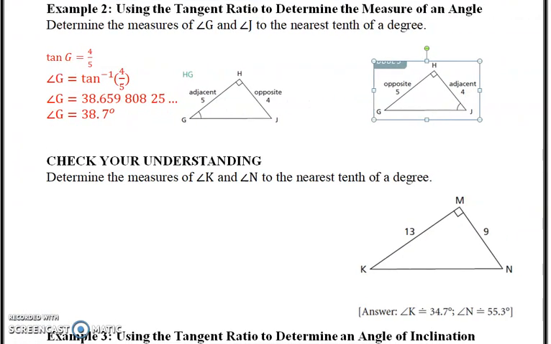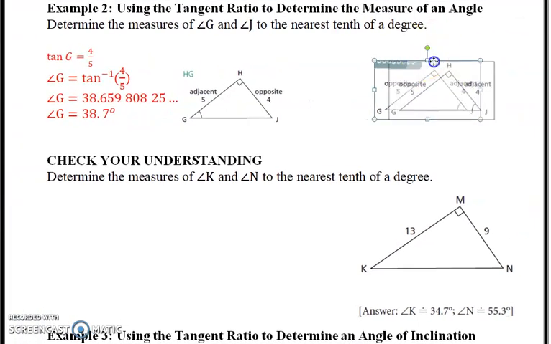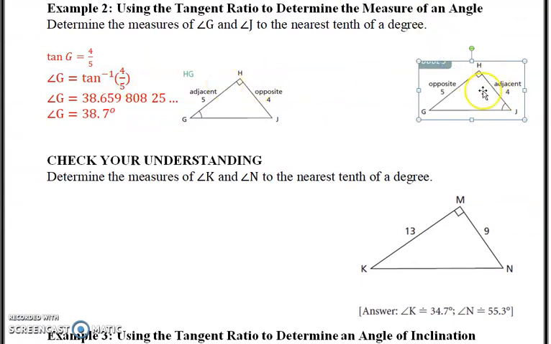There it is. Don't mind the top right corner. So again, you do the same thing, but you'll notice that the opposite and the adjacent have changed locations because we're talking about angle J now. So 5 is now opposite, and 4 is adjacent. So it's basically just the reciprocal, right?